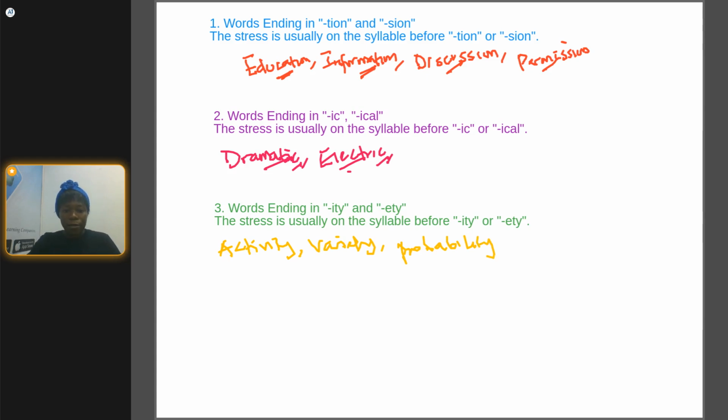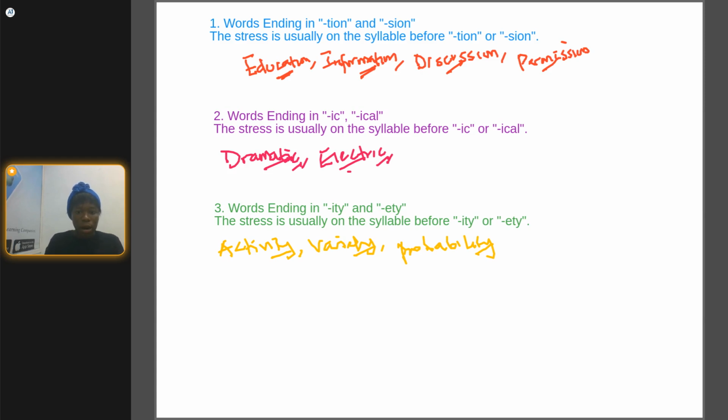Let's see if we can get an example for ETY. That's variety. So we have activity ending with ITY, variety ending with ETY. You can have examples like society. We have probability ending with ITY too.